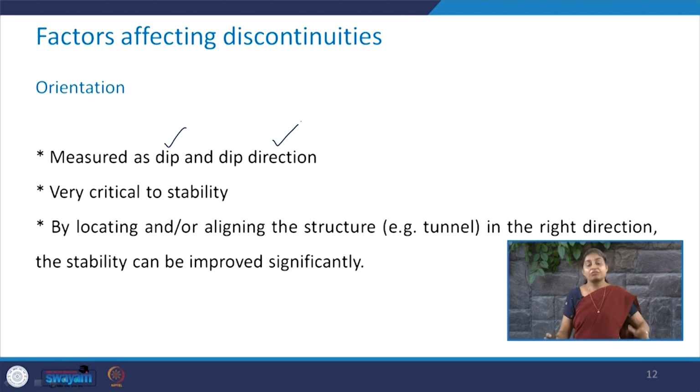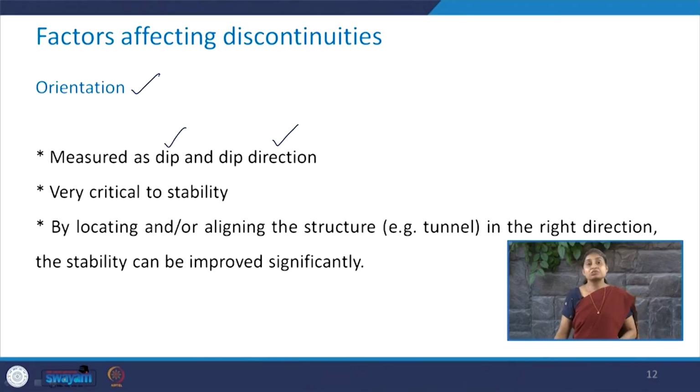Say you have the space, and in one direction you first decide that this should be the tunnel axis, but then the orientation of that tunnel axis is such that it is really not favorable for the construction activity. Then you can change it a little bit and see whether the changed orientation of that axis is going to give you a better picture or not.